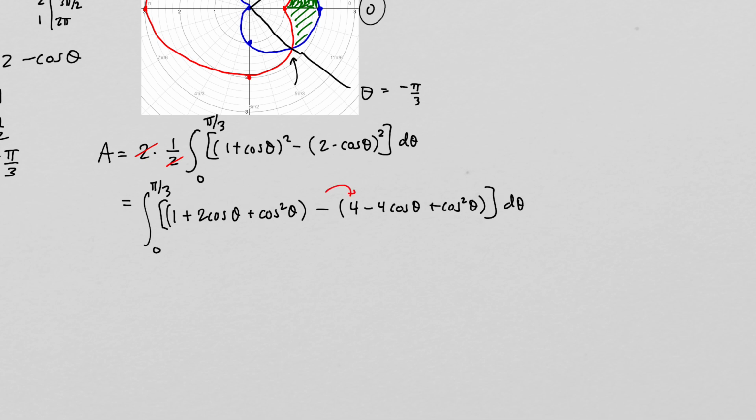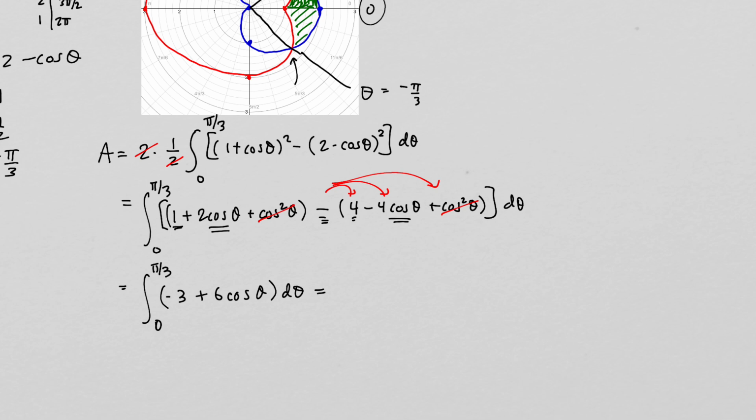Now, when we distribute the negative sign here, something happens. Cosine squared minus cosine squared cancels out. For the numbers, we are going to have 1 take away 4, which is negative 3. 2 cosine theta minus 4 cosine theta is negative 2 cosine theta minus... positive 6 cosine theta after distributing. Again, we're going from 0 to pi over 3.